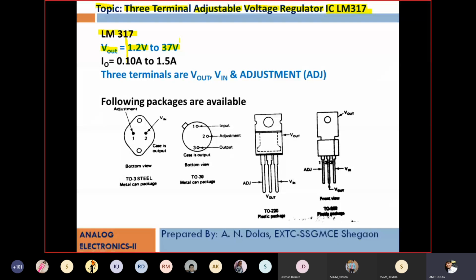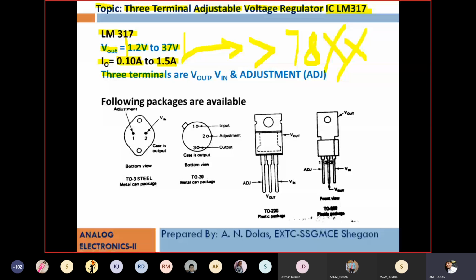The minimum current supplied by this IC is 0.1 ampere, that is 100 milliampere, and it can provide up to 1.5 ampere. So the current range of this IC is greater than the 78 and 79 series, which have 1 ampere current rating. Here it provides 1.5 ampere.